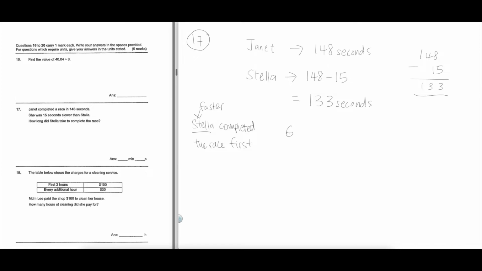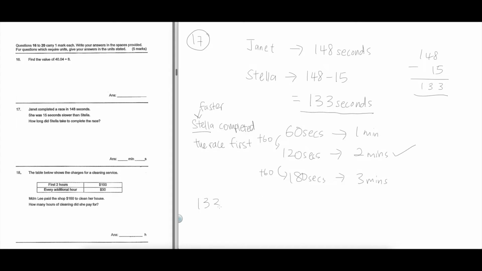So 60 seconds is 1 minute. 120 seconds is 2 minutes. What I'm doing is just taking 60 plus 60, and if I plus 60 again, I'm going to get 180 seconds. So for 133 seconds, I'll take this one.